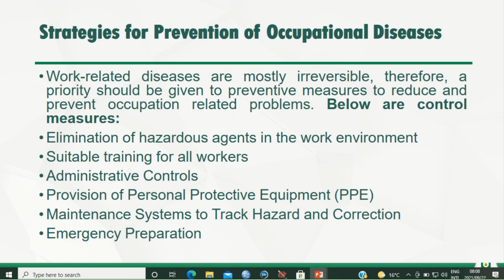No doubt, administrative control is essential to keep the employees in check. Provision of personal protective equipment, very, very important. When you work in an industry that produces a lot of gas fumes, it is important to put on your goggles, your mask, and all your personal protective equipment for the period that you are working in that company.